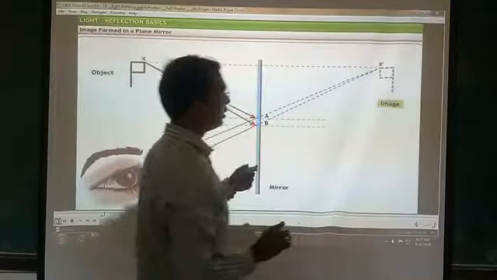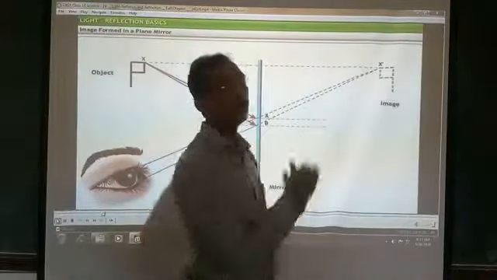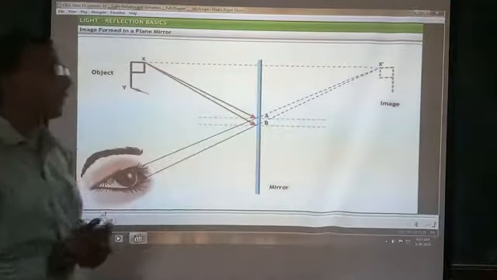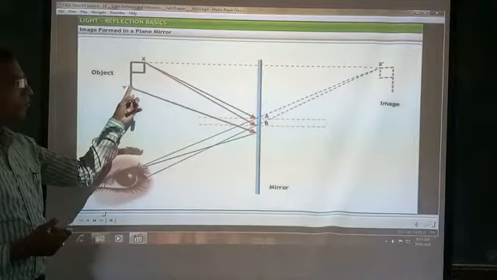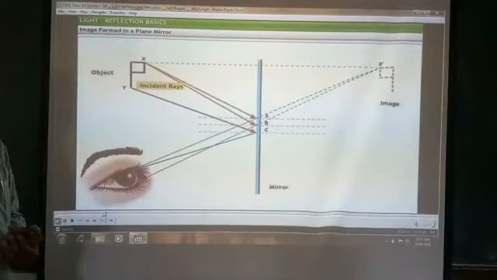So we obtain the image of the same object. That is laterally inverted. We obtain XS as the image of this object. Consider the point Y: the incident ray is reflected back into our eyes.